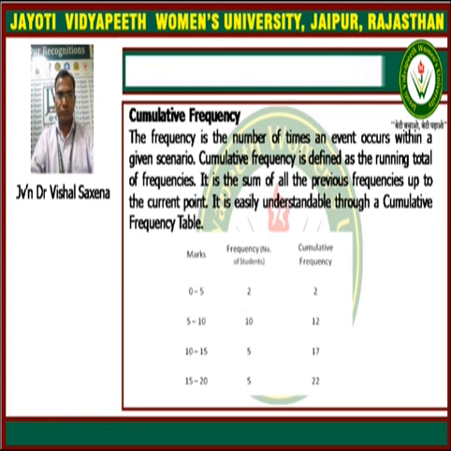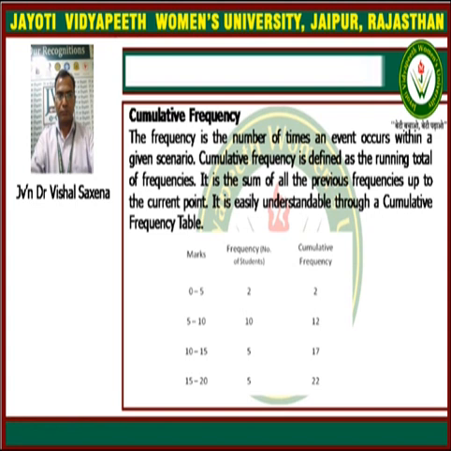It is easily understandable through a cumulative frequency table. So here we can understand by this table, for 0 to 5, what is the cumulative frequency? That is 2. Then for the class interval 5 to 10, what should be the cumulative frequency?